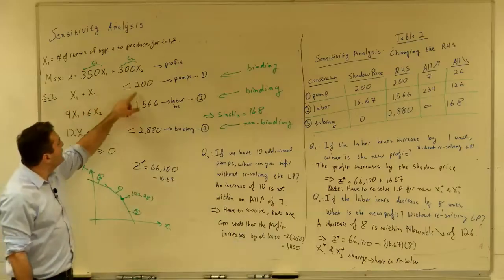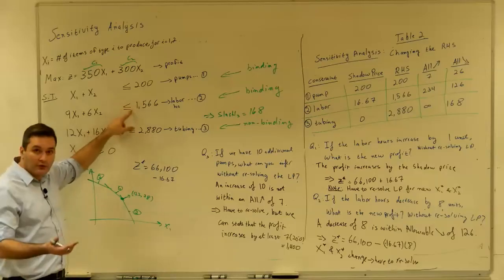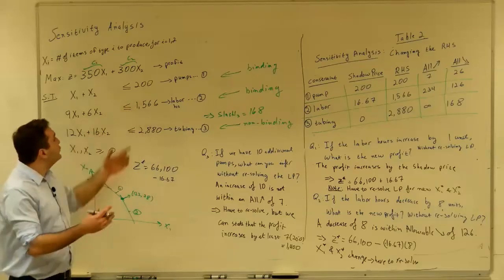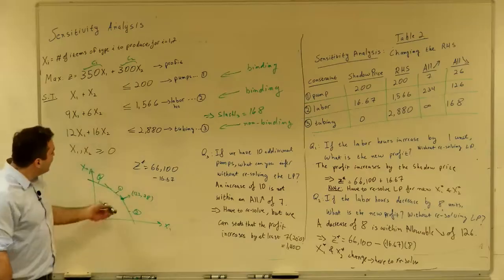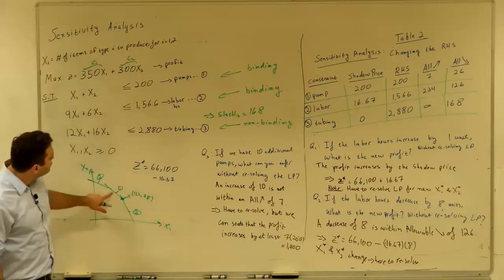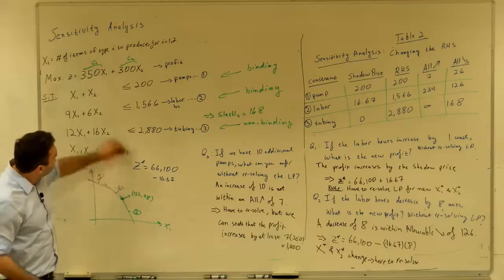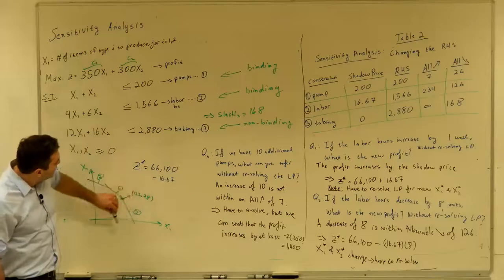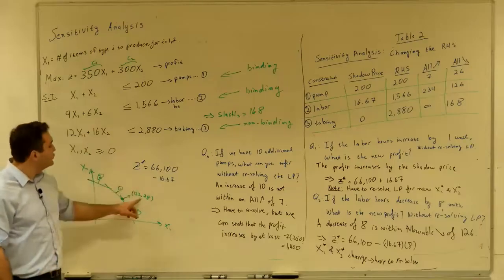So if I change the right-hand side value of either of the binding constraints, then I have to resolve the problem to get the new optimal solution. And you can see this graphically: if I move one of the binding constraints, the optimal solution will change.